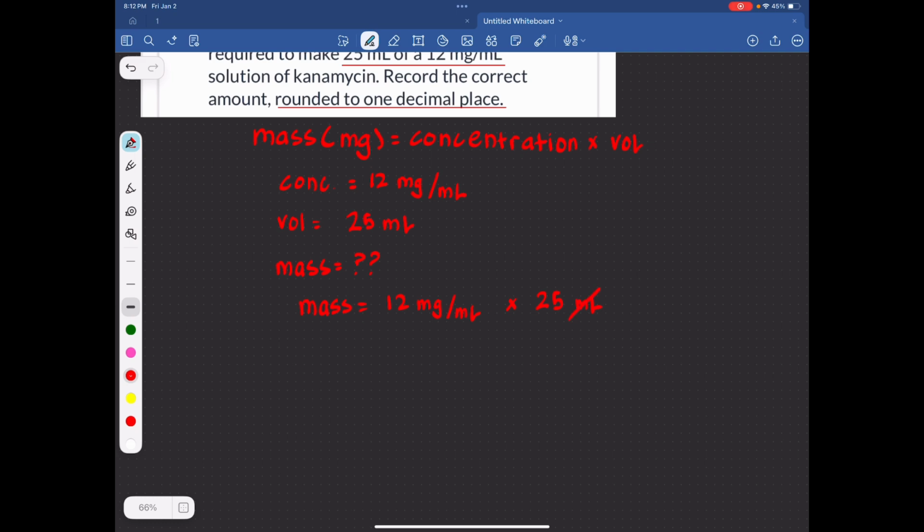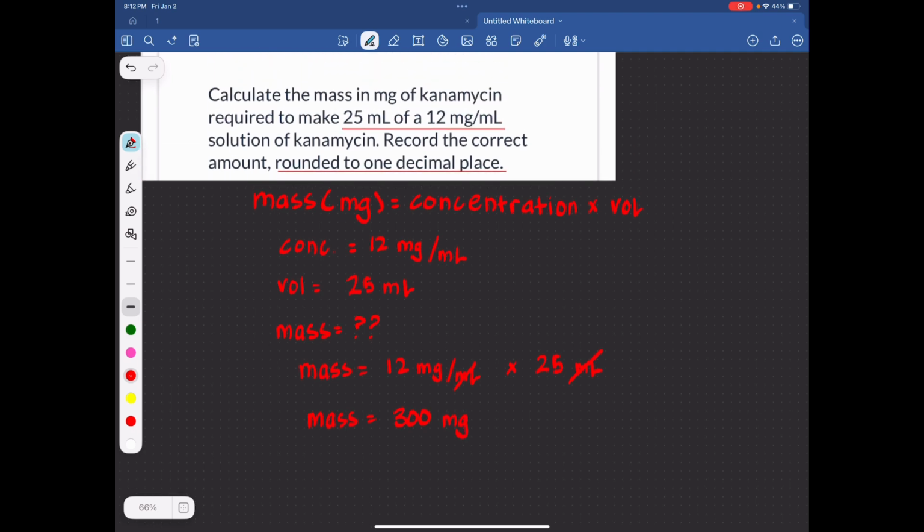And the nice thing about that is our milliliters are going to cancel out. So we are left with mass is equal to 300 milligrams. But we're not done yet because it wanted that final answer rounded to 1 decimal place.